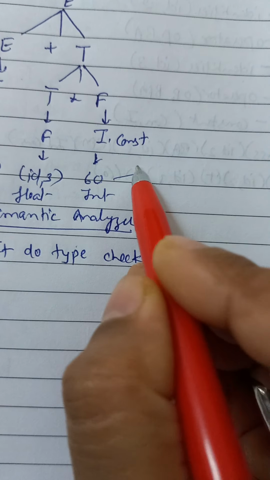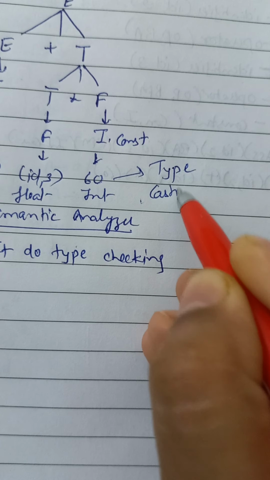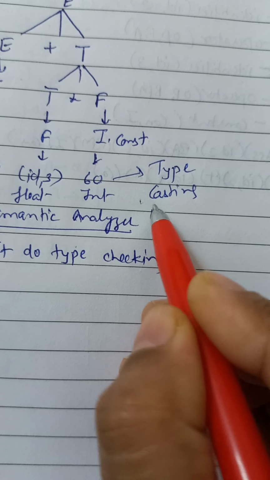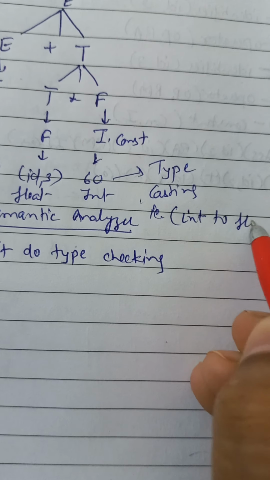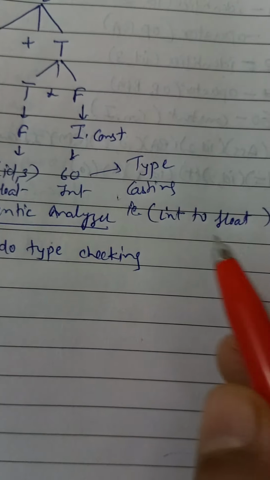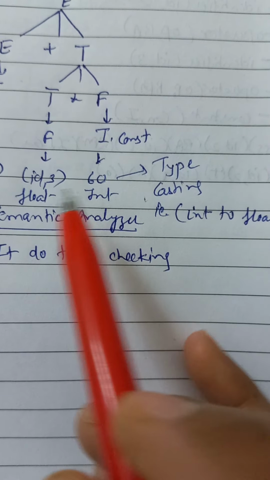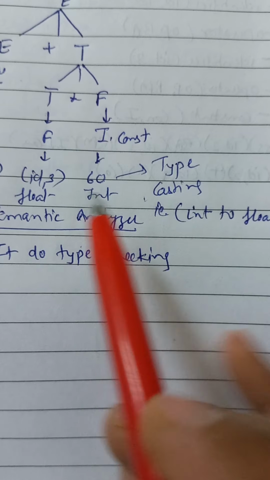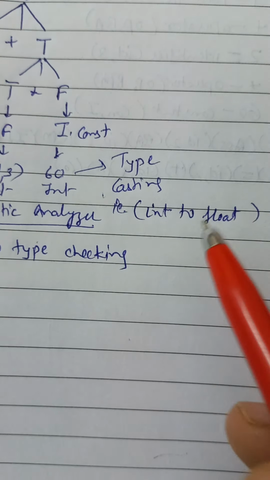The semantic analyzer does typecasting. That means it will convert integer to float, because for the operation the identifier types should be the same, so it automatically changes this identifier into float.